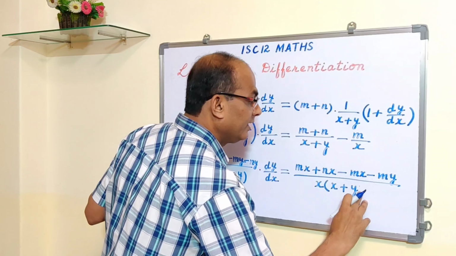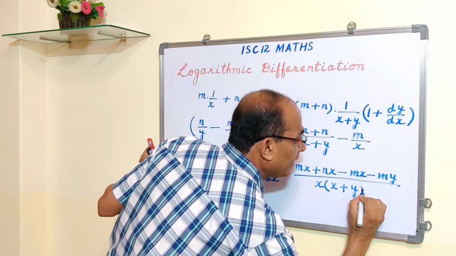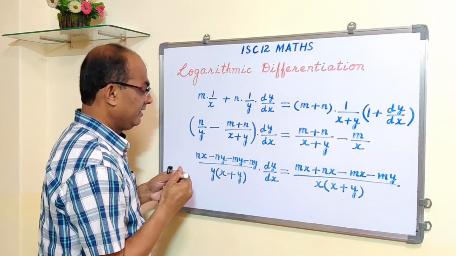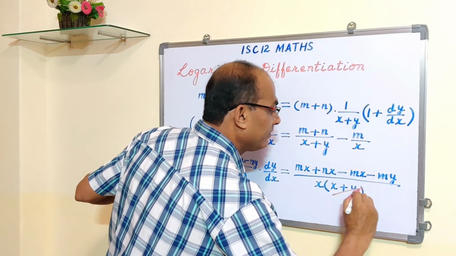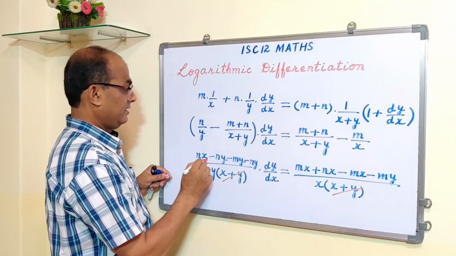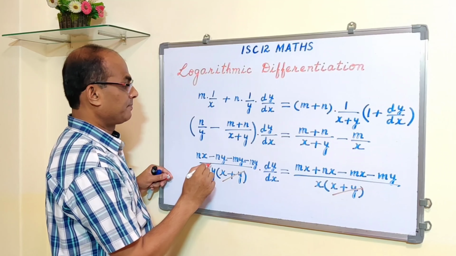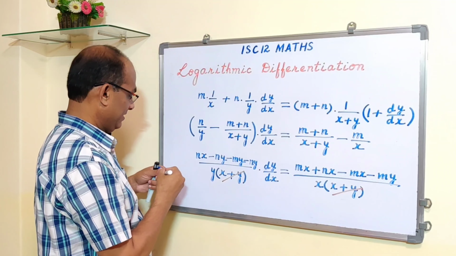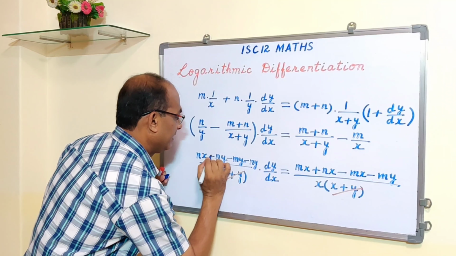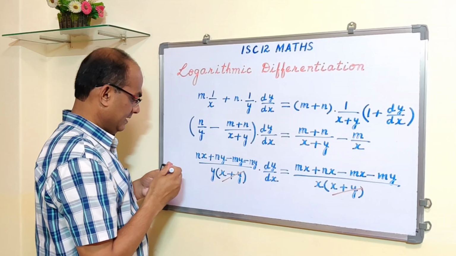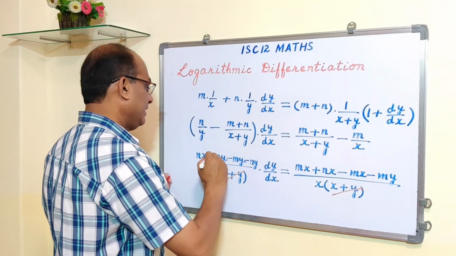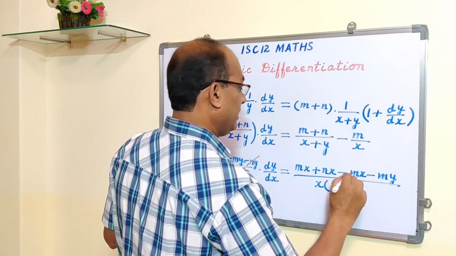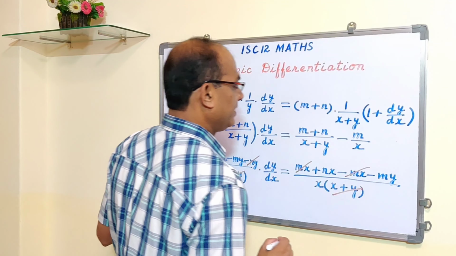Now this x plus y and x plus y cancel. Here nx plus ny, this is plus. Alright, so this ny cancels this minus ny, and minus mx plus mx.